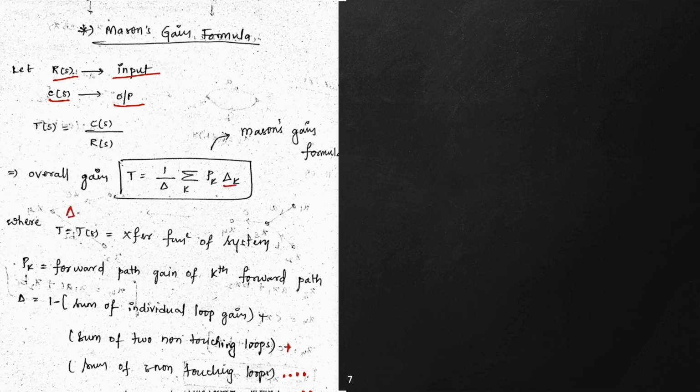Delta k is equal to 1 minus, this is very important, 1 minus the loop gains which are non-touching to the kth forward path. What is this kth forward path, and for clarity, you will get it in the numerical when we solve them.